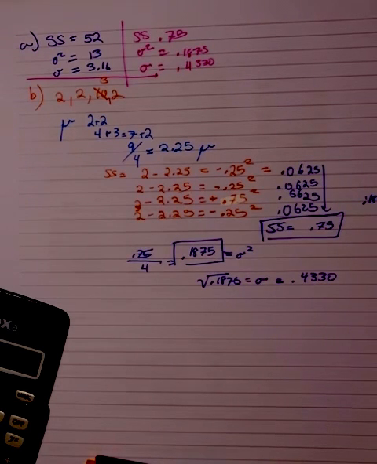So lastly, being our population standard deviation, our first portion of the problem was 3.16 versus our current one being 0.4330. It's a similar situation to the sum of squared deviations, where because of that 10 value, it's really pushed it towards the 10 value.